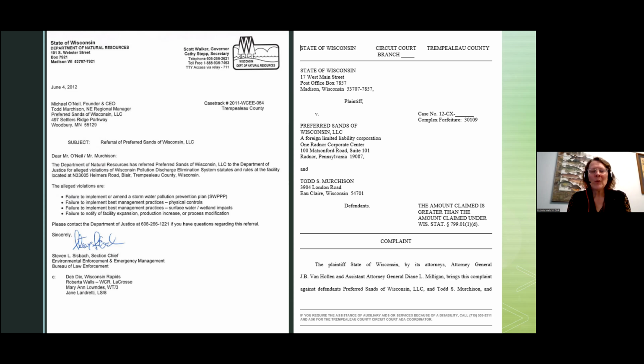So when you look at a violation of that size, some folks might argue that $200,000 isn't very much compared to the damage that was created and the workload and the enforcement expenses associated with it. But ultimately, that forfeiture didn't come back to DNR.